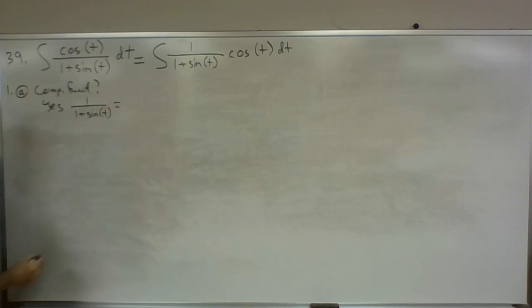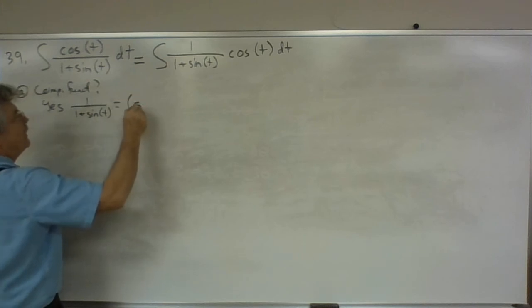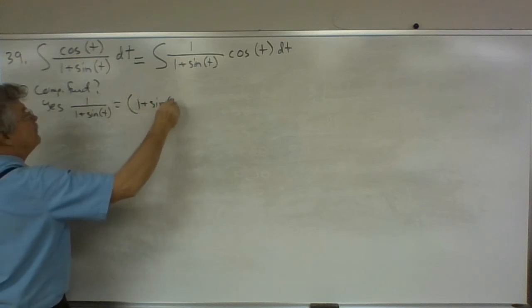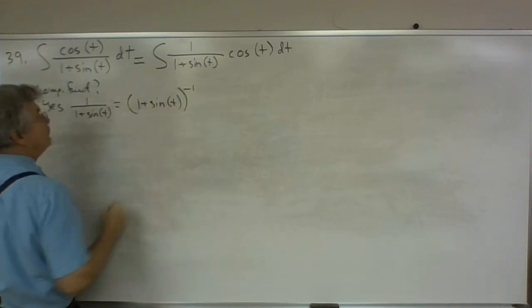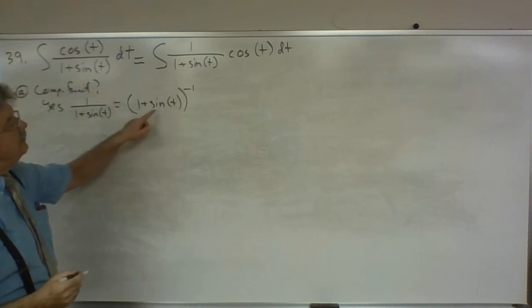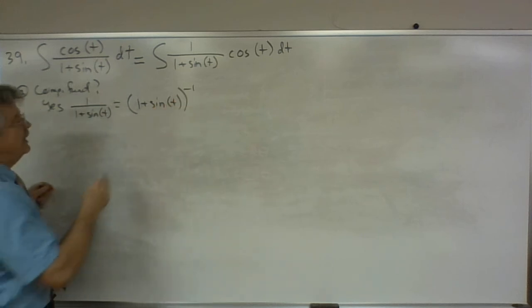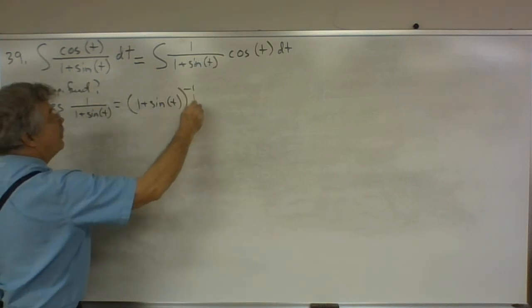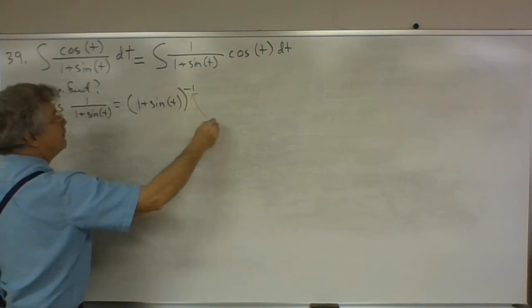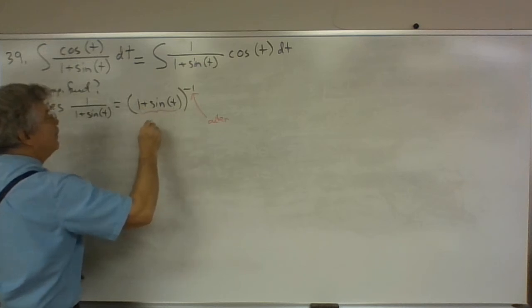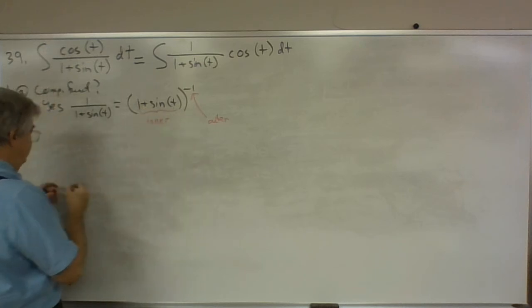And it's a composite function because we can look at that as 1 plus sine of t, all raised to the -1. It's a function raised to a power. So that's one explanation that we could give for why this is a composite function. And the exponent is the outer, and 1 plus sine of t is the inner.